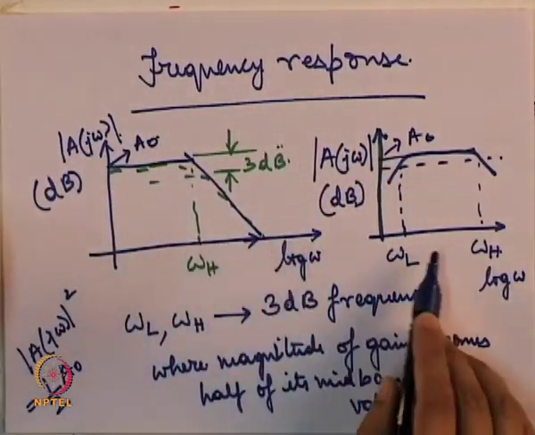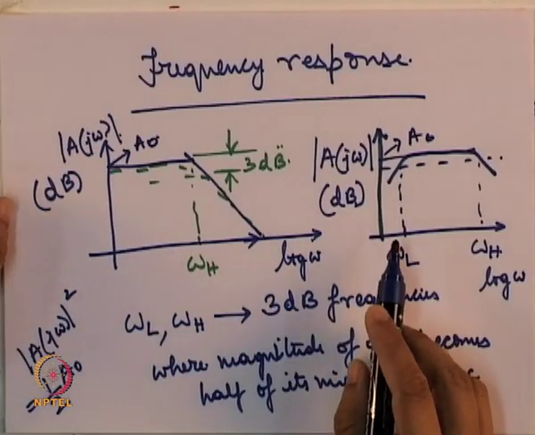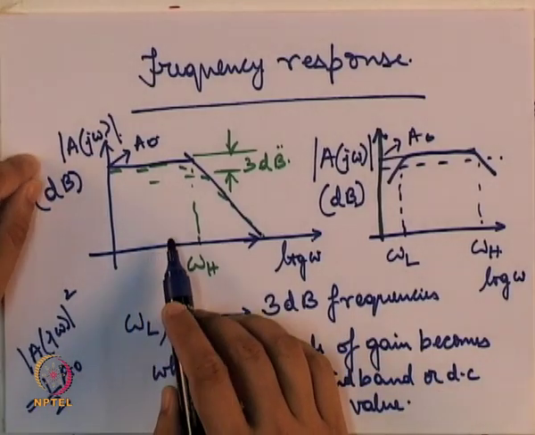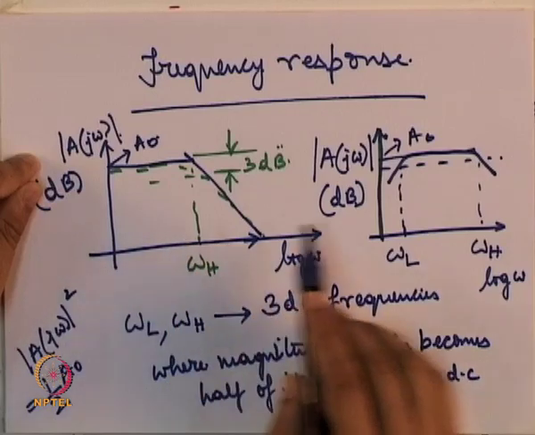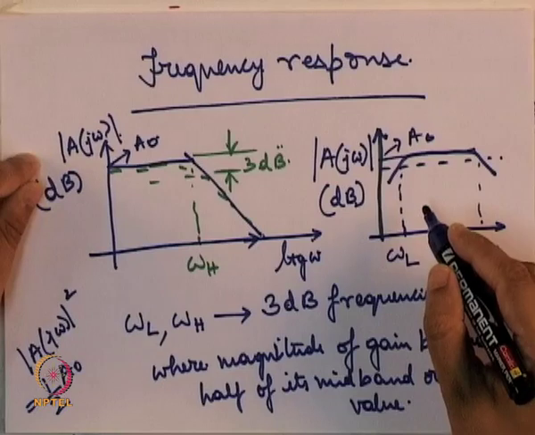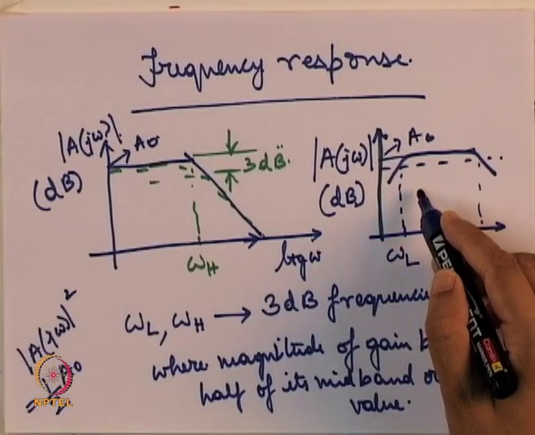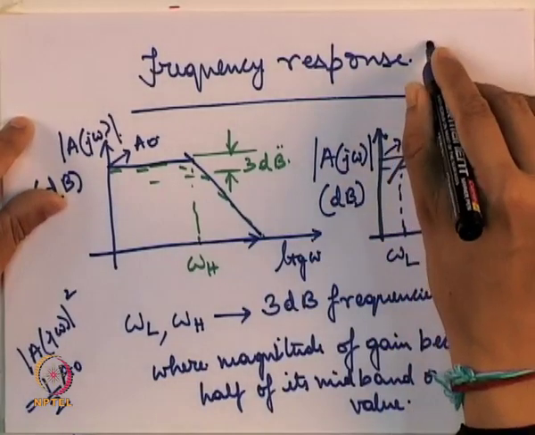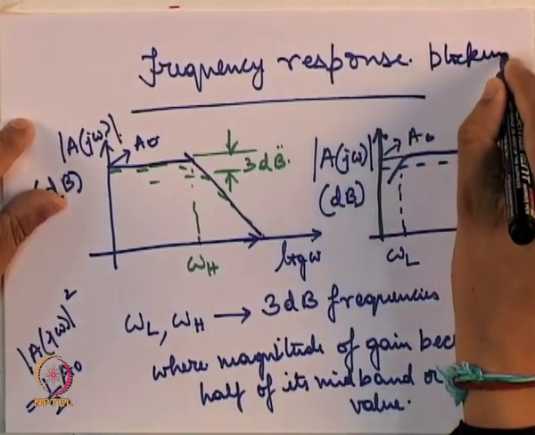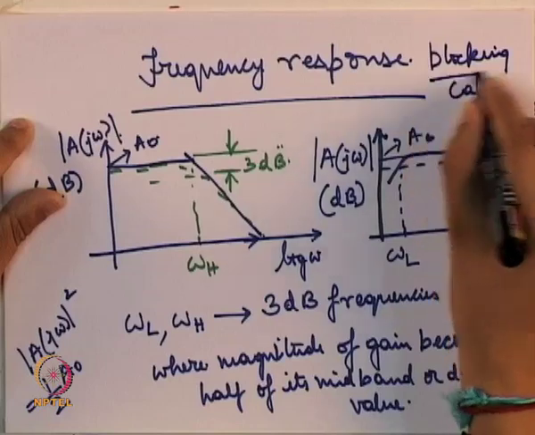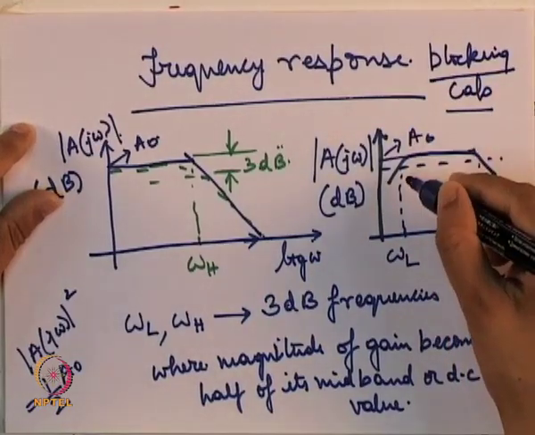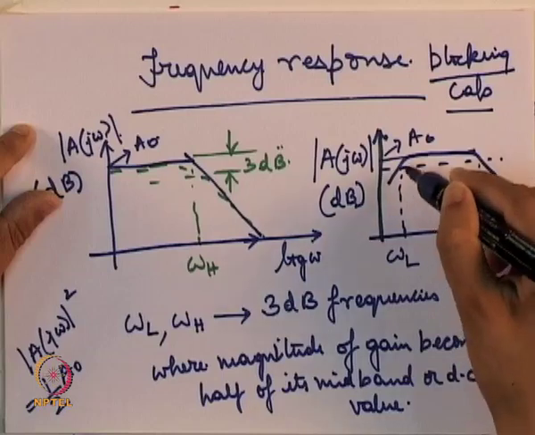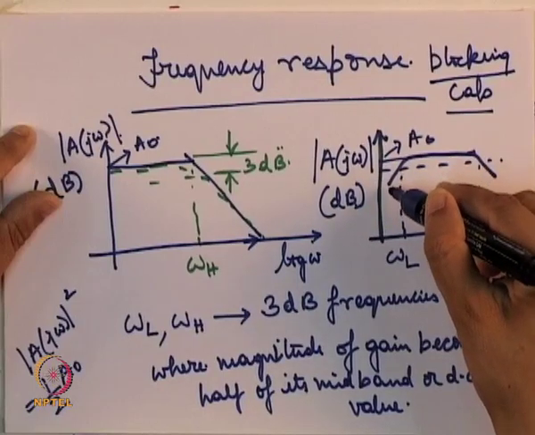Now, these two cases arise depending on, as I said at the beginning, what kind of circuit you use. Usually the frequency response is of this type, but in some cases, especially where the source is being inputted into the circuit, we have what is called a blocking capacitor. A blocking capacitor does not allow DC components to pass through it, and therefore there is a dip as the frequency decreases.